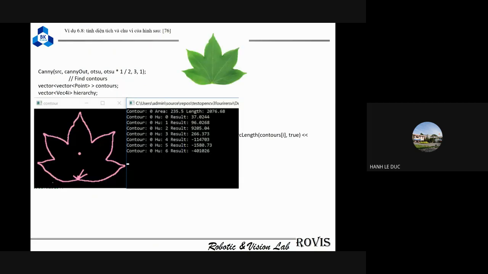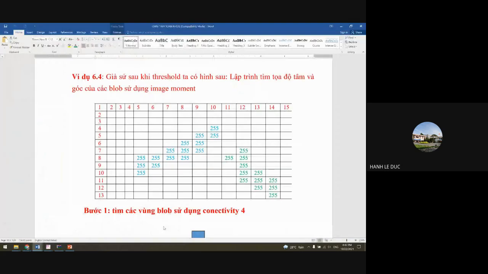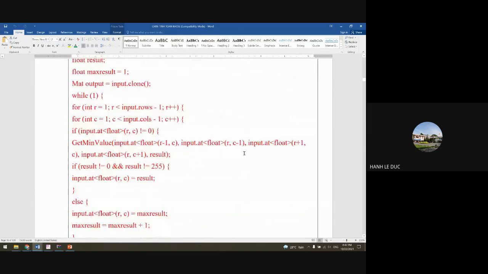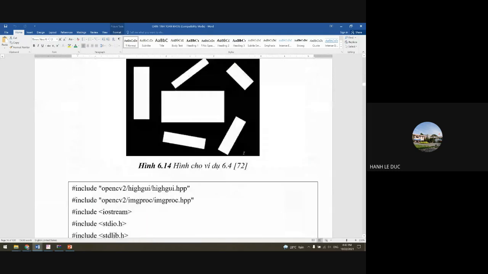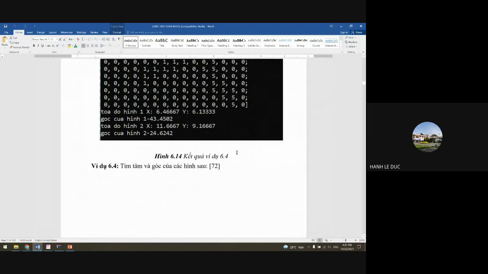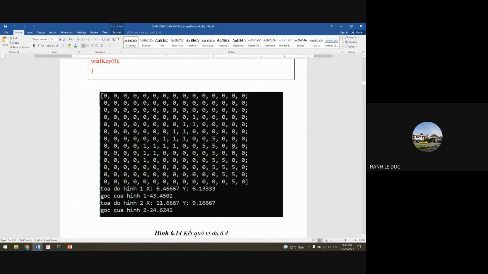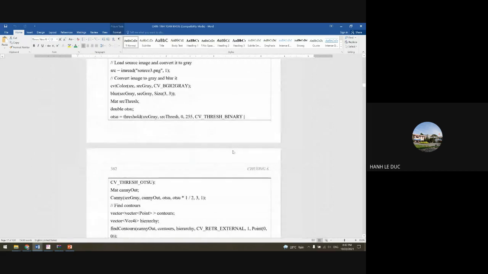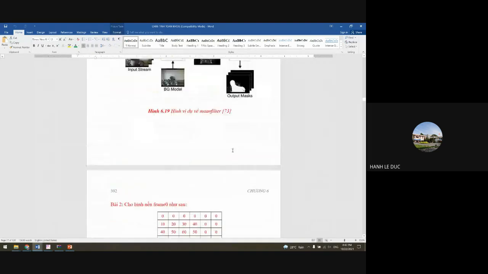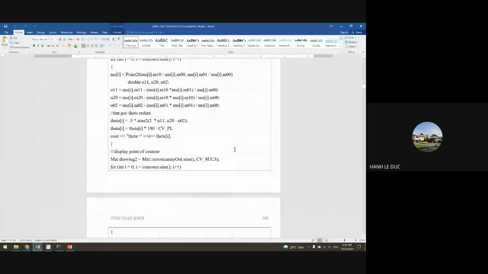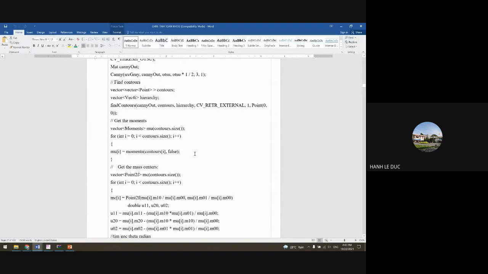Here is the example, the previous example. And then you use cv moments to check the result. Okay, let's see how to use this.